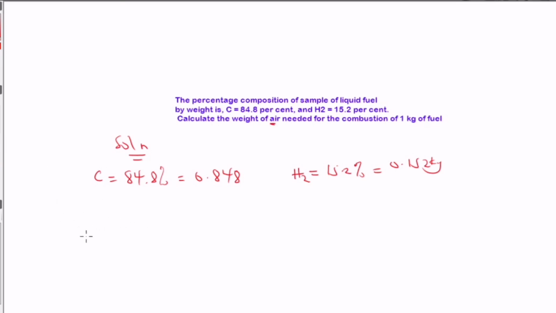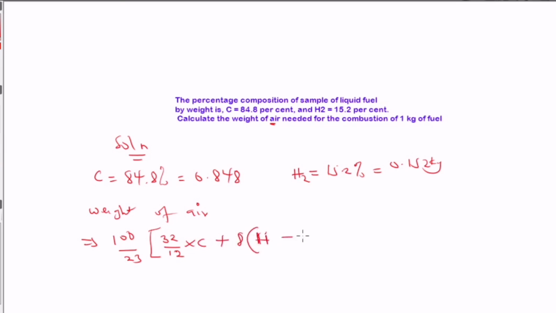So for the weight of air, we have our formula generated that it will be 100 over 23, bracket open, 32 over 12 times the composition of carbon by weight, plus 8 bracket open, the composition of hydrogen minus oxygen all over 8, then plus the sulfur, then you close the bracket.